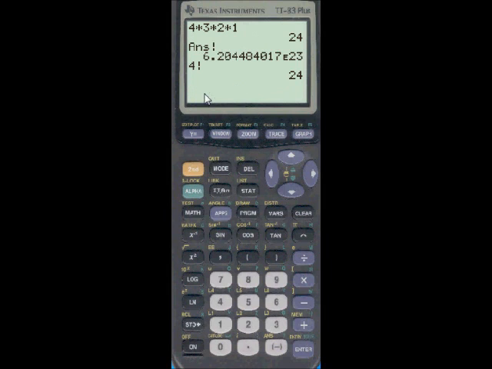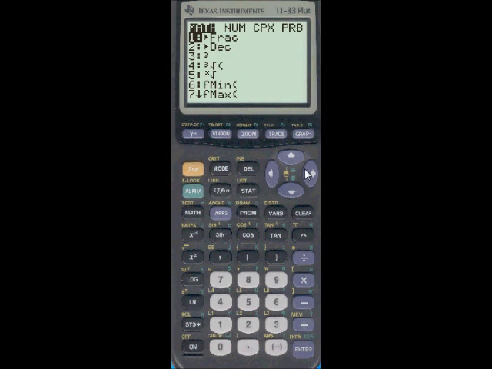You'll probably be using this factorial a lot, because it's not too tough multiplying 4 times 3 times 2. You can almost do it in your head to come up with 24. But what happens if you have something like 8 math factorial?